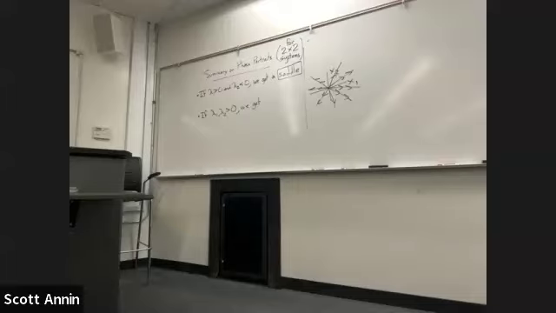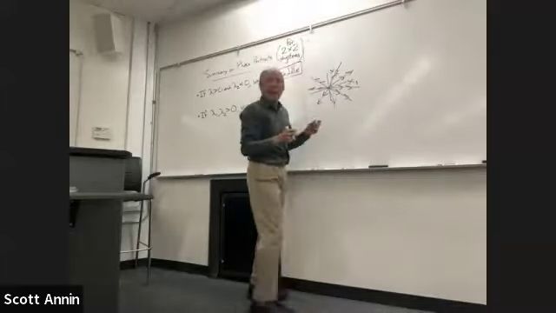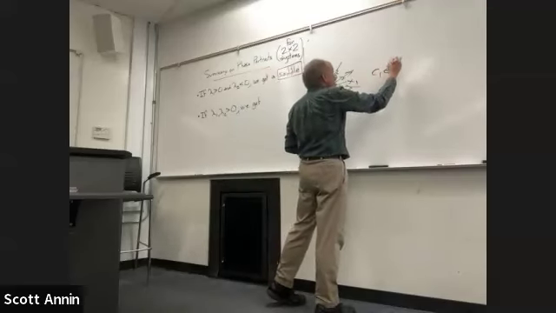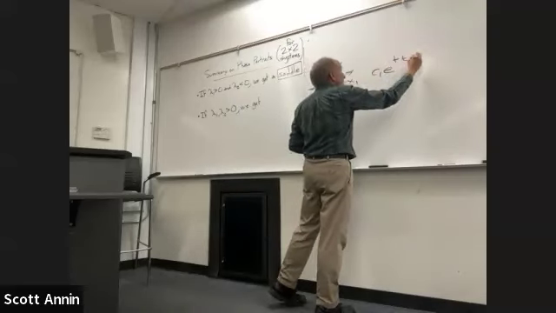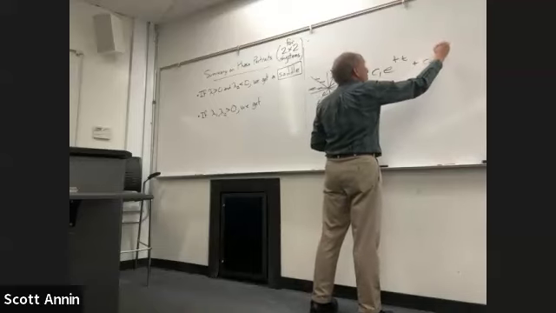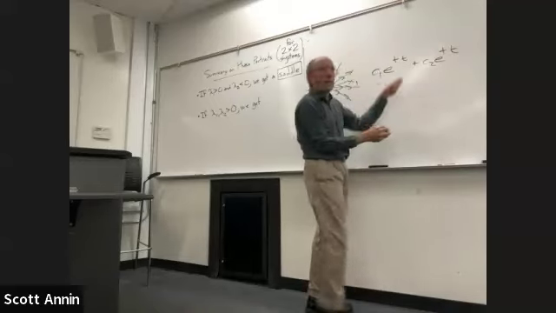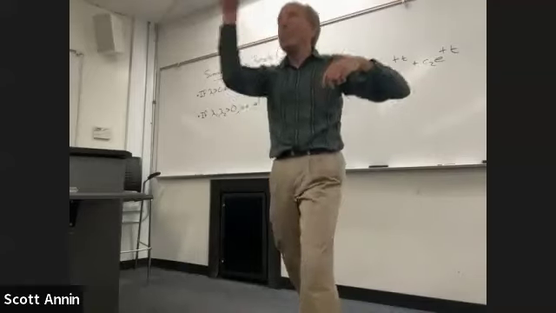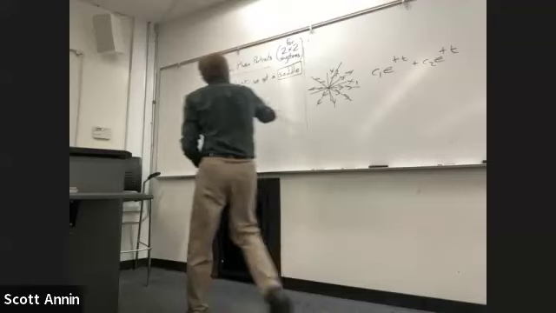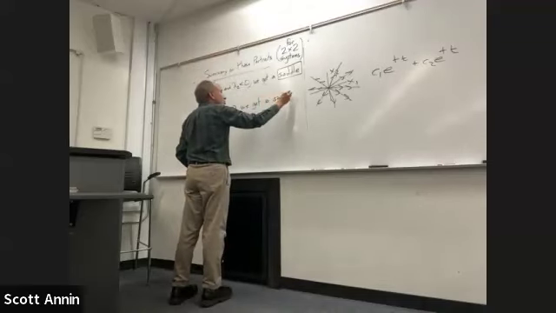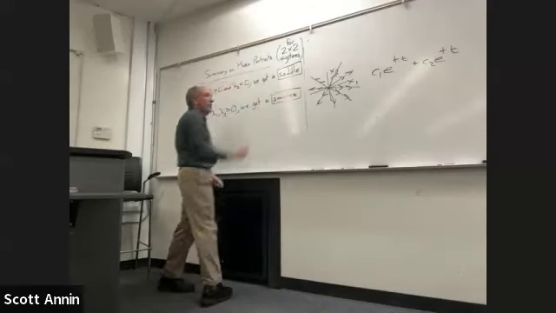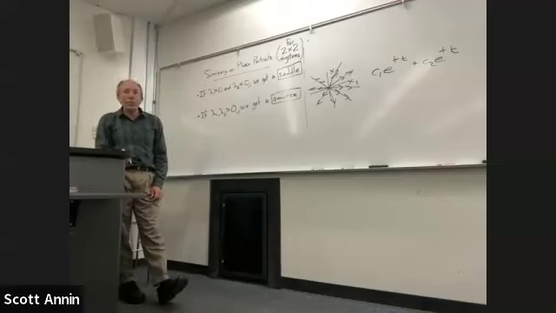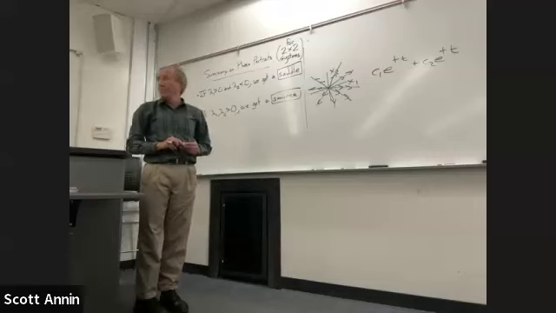If you drop that feather anywhere else, guys, what do you have? You've got c1 e to a positive times t, and then c2 e to a positive times t. Everything's blowing up to infinity, right? So I don't care where you put the feather, it's going to go out to infinity, and we get what is called a source. A source is a phase portrait where all of the arrows are going out.